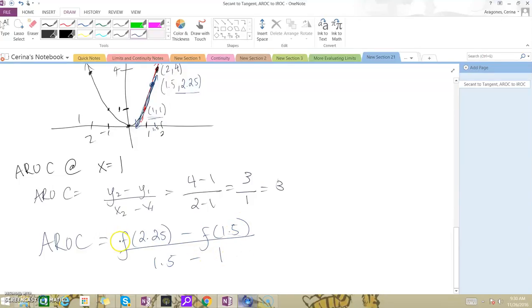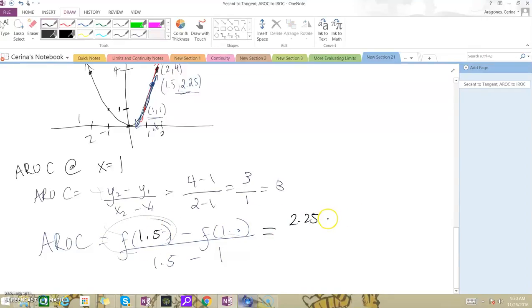So don't get confused just because I changed the notation here. This is still my y value at these x's. So my y value is f of 1.5 because my input is now 1.5, minus f of 1, which is my x value, the other x value I want. So my f of 1.5 is 2.25.